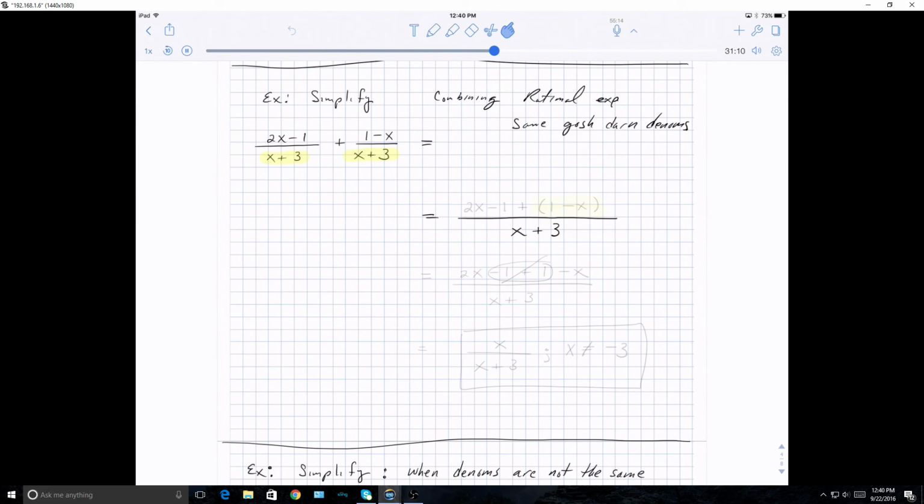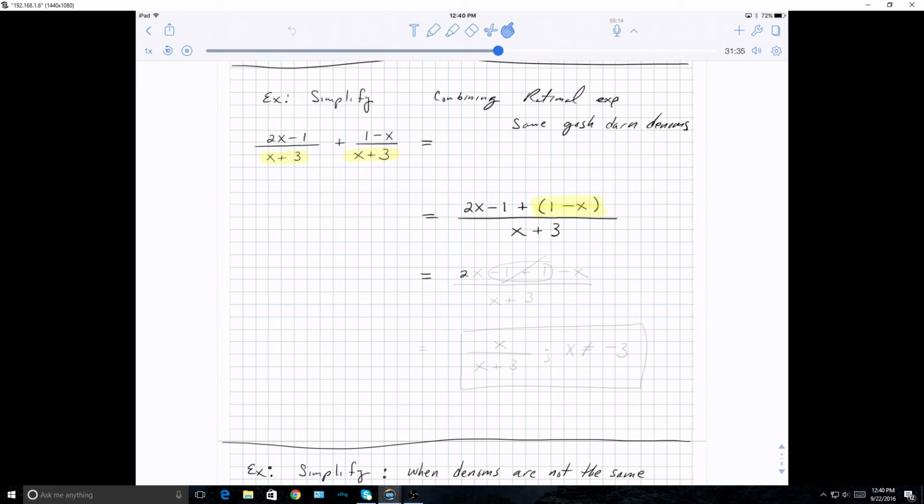So what do we do to the numerator? Well, we just carry out what the operation says. I know that we don't have to this time, but in case this was a subtraction, we might have to do some distribution, so I'm going to play it safe and put parentheses here. And now we just do the combination.